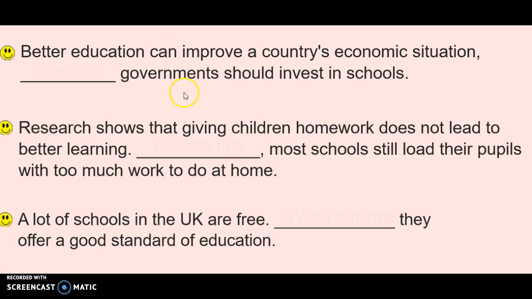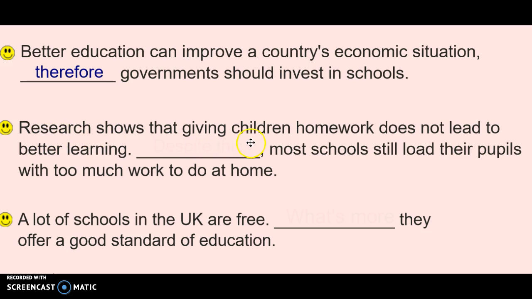Or do you think I'm talking about adding information? It's a consequence. Because I believe that better education can improve a country's economy, I believe that governments should invest in schools. So better education can improve a country's economic situation. Therefore, governments should invest in schools.